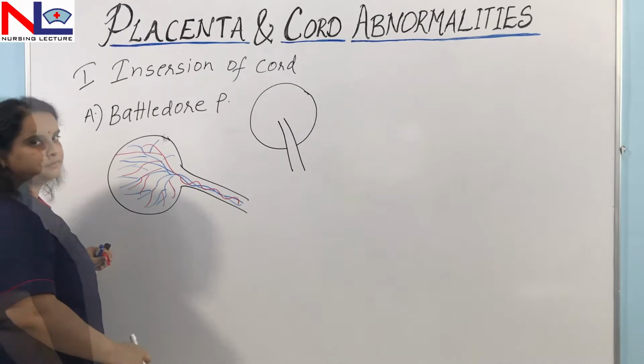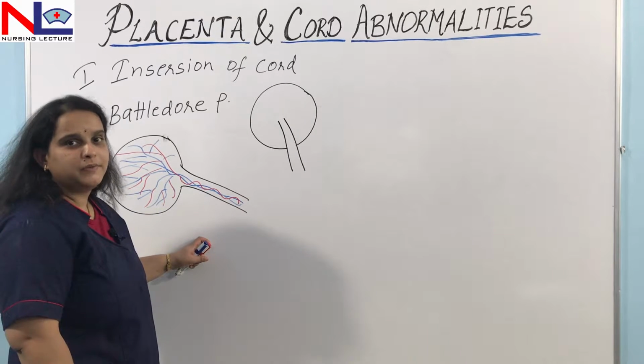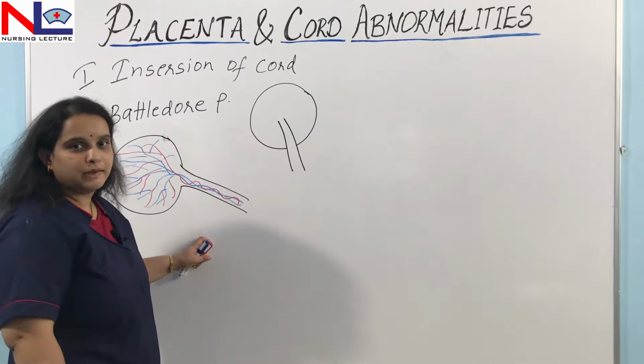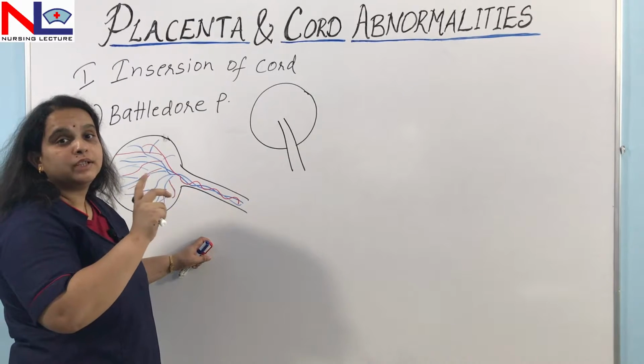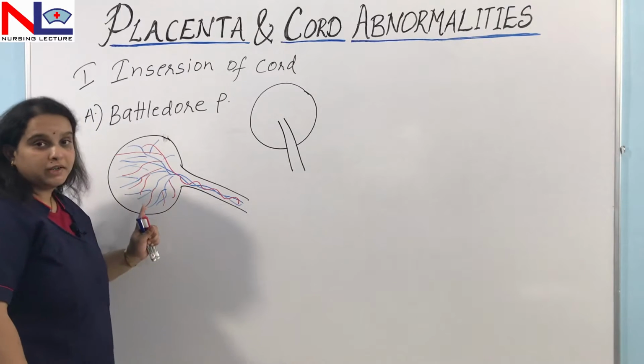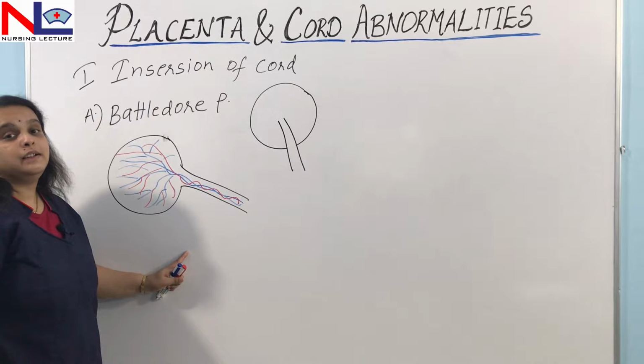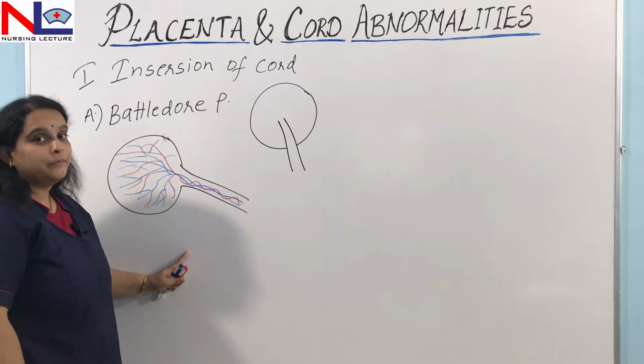So this type of placenta does not cause any harm to the fetus if it is situated on the upper segment, or lying on the superior aspect of the uterine cavity. But if it is situated on the lower segment, that may cause fetal anoxia. Why?